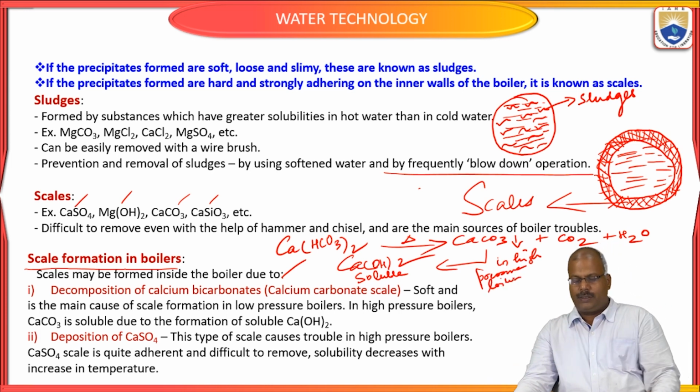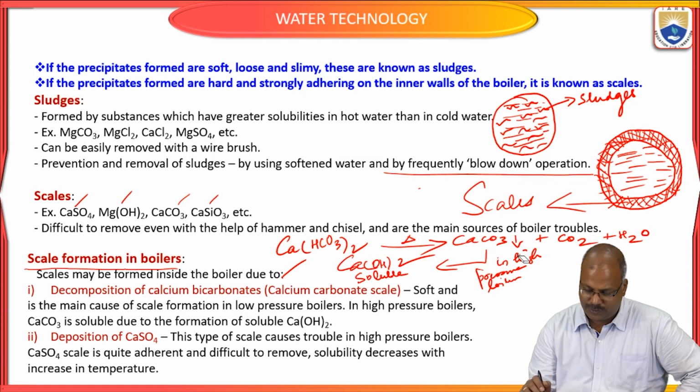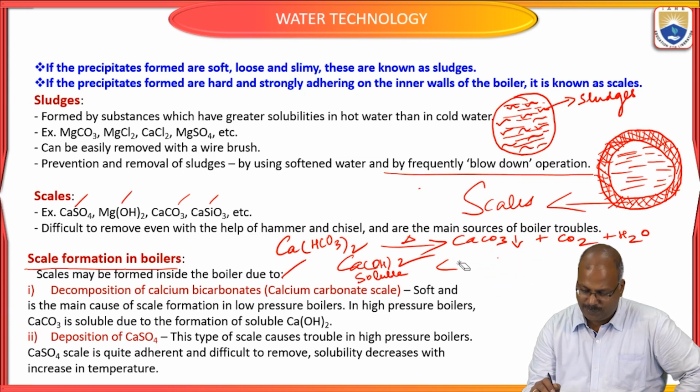That's why calcium carbonate scale forms in low pressure boilers.